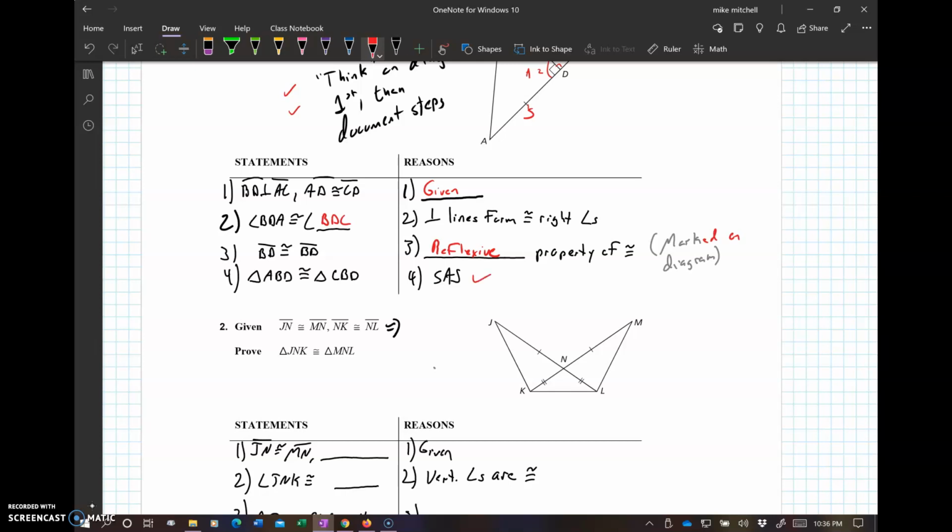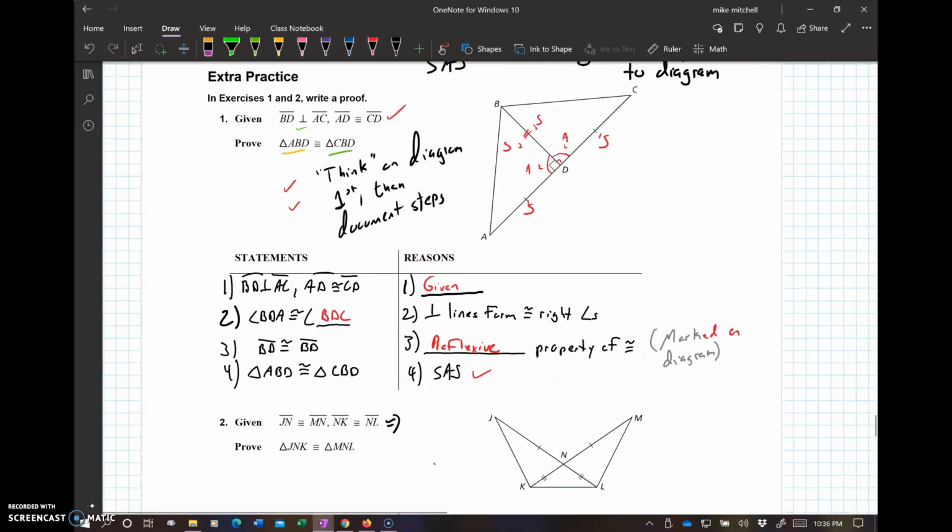And then I already mentioned we got our side angle side. Again, let's look at that side angle side bit here. Here's our side. Vertex angle straight into the other side. Side.